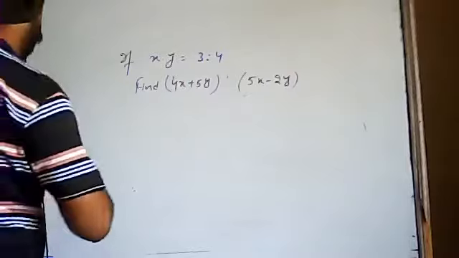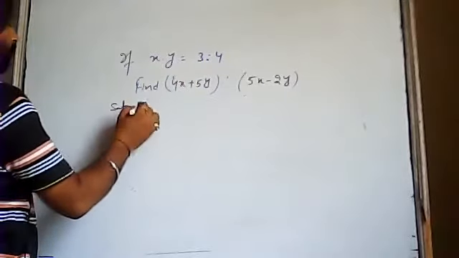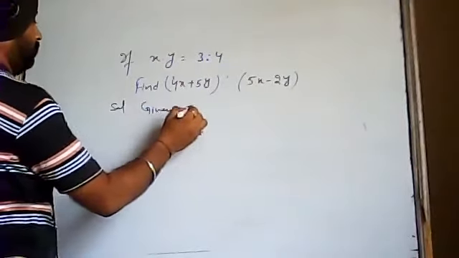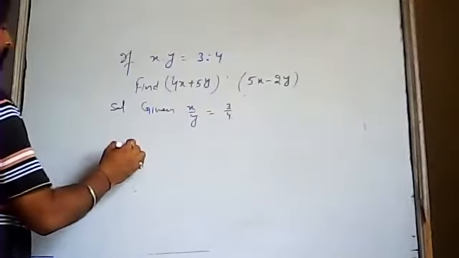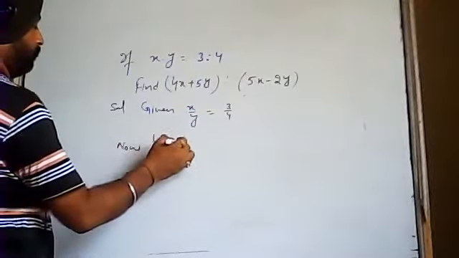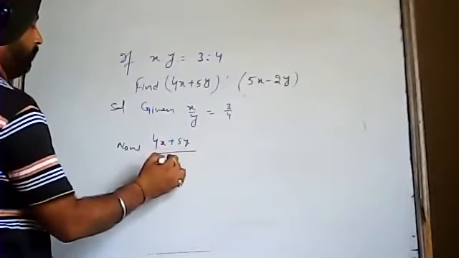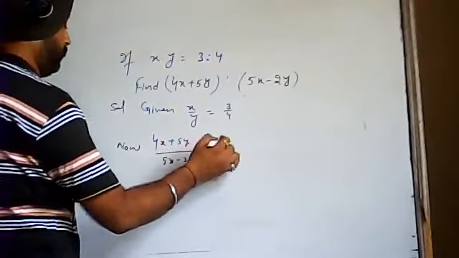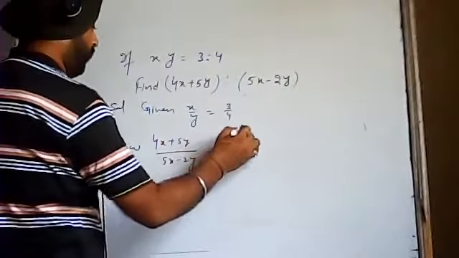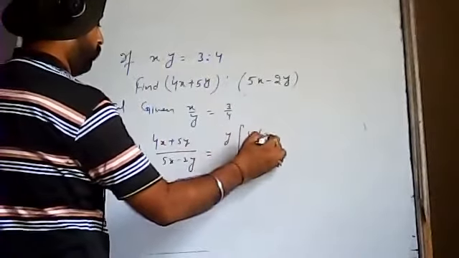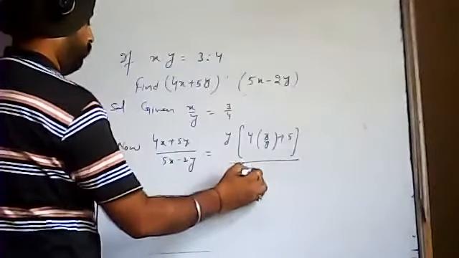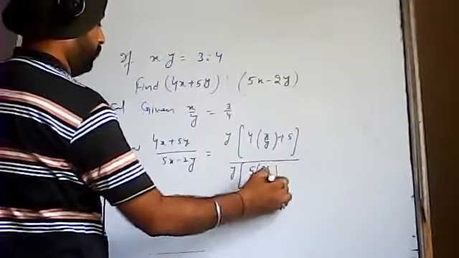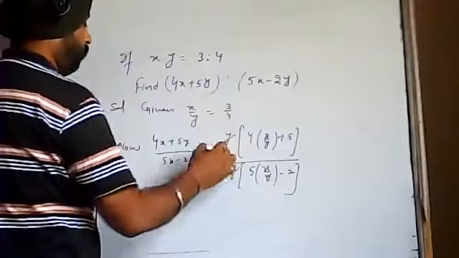In the last question, you have been given x over y equal to 3/4. Now, 4x plus 5y over 5x minus 2y is written as, taking y common, 4x upon y plus 5y upon y over 5x upon y minus 2. Y cancel.